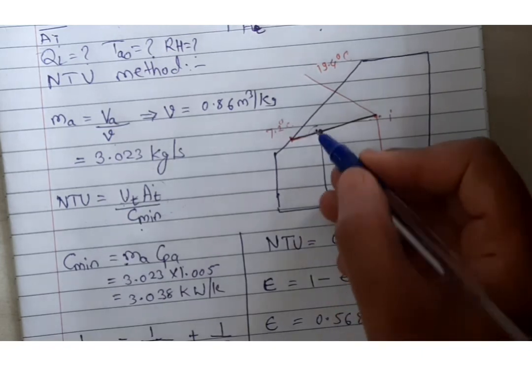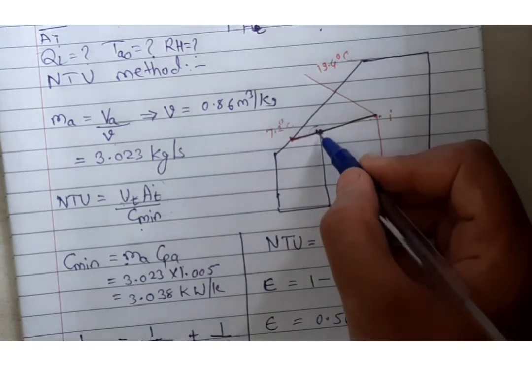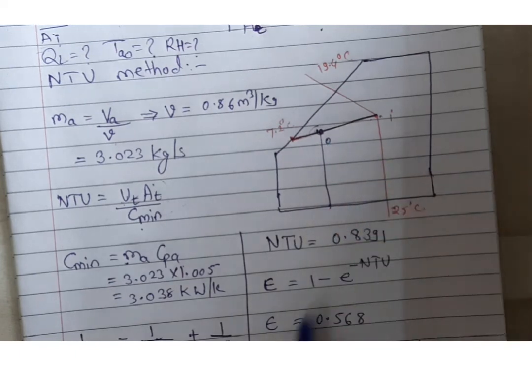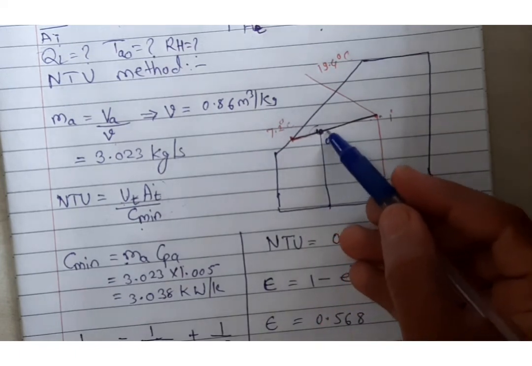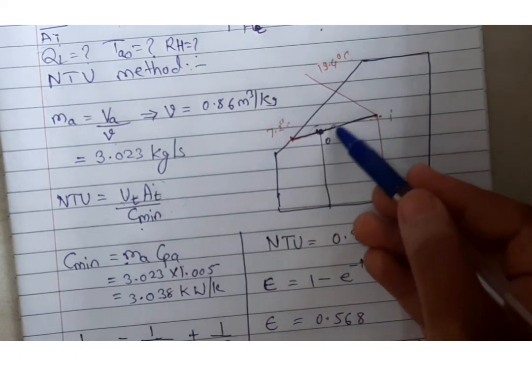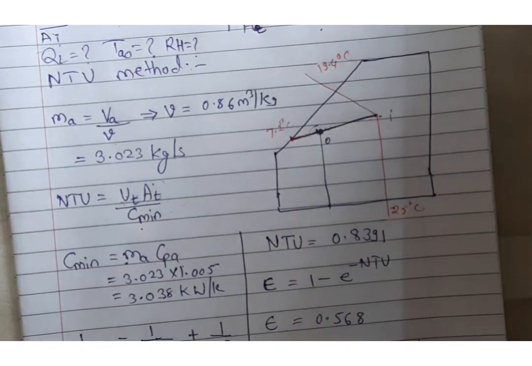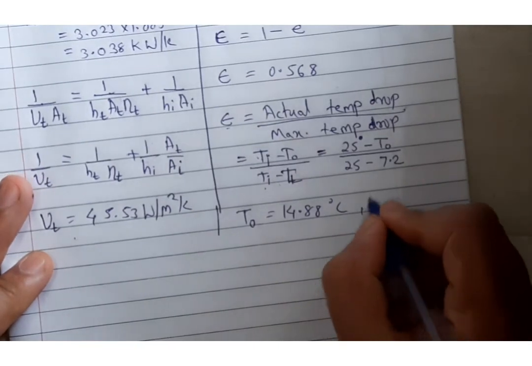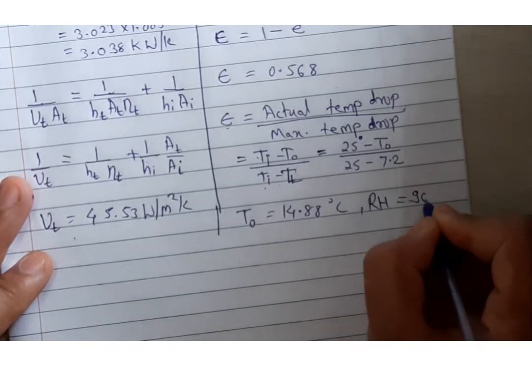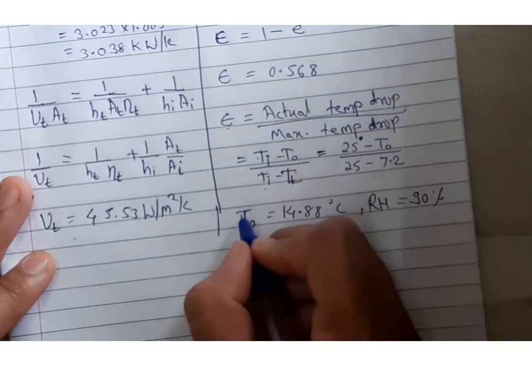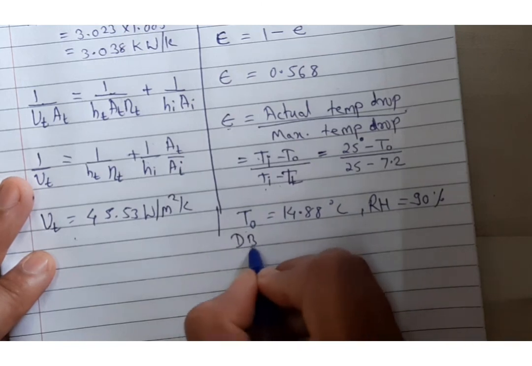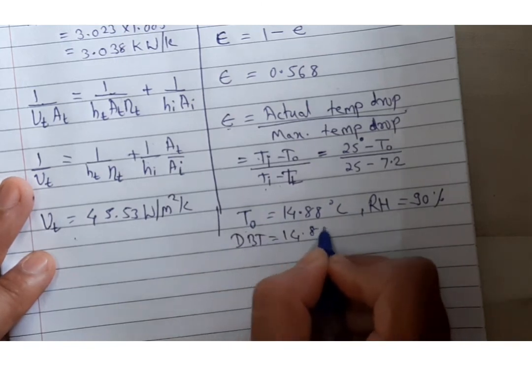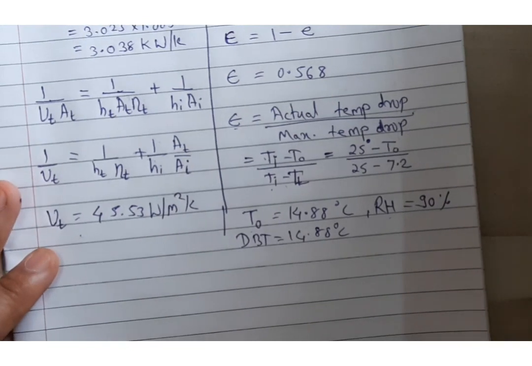So from the psychrometric chart, you can see this point is at 90% humidity. So here RH is equal to 90%. DBT is this one, so this is DBT as 14.88 degrees Celsius, and RH is 90%.